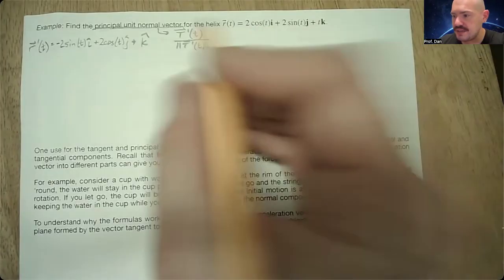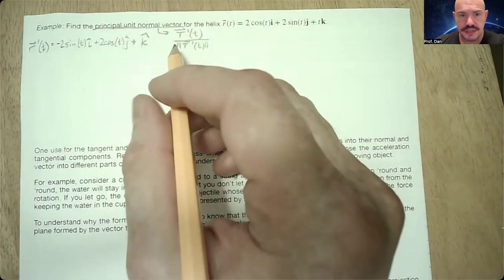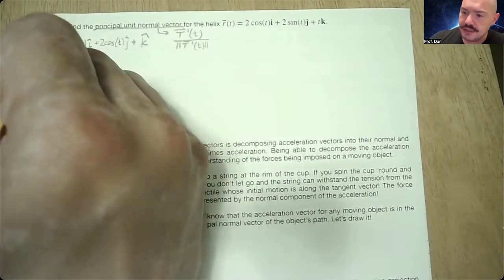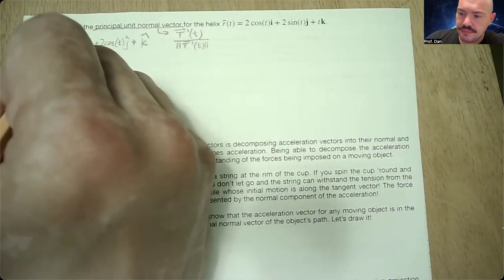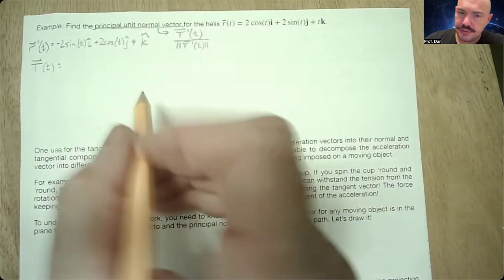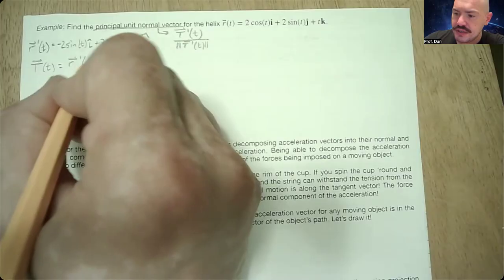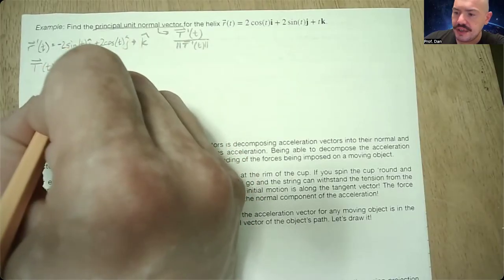Remember, if I want to get T of t, that is equivalent to this derivative vector that we just found divided by its magnitude.